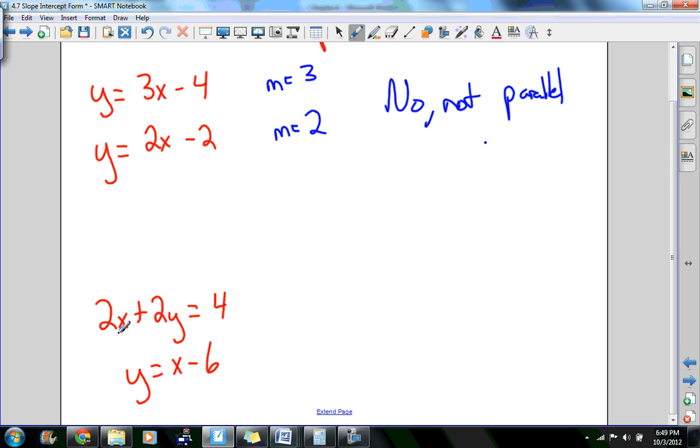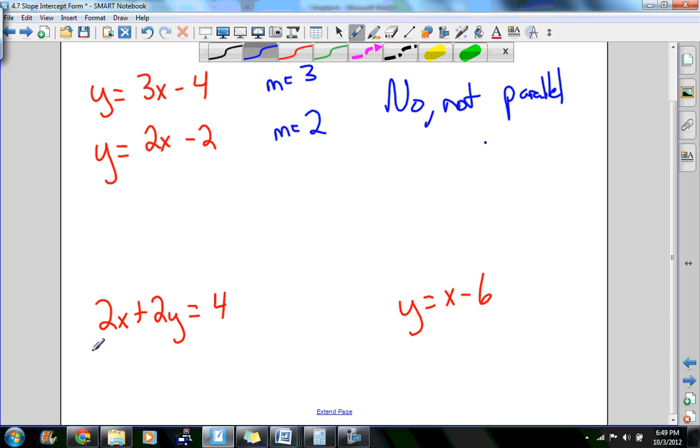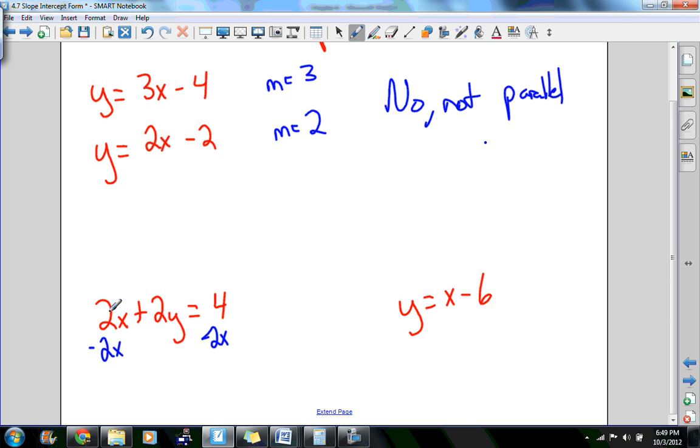Okay, for this one down here, we obviously have to turn this into function form first. This one we don't, but I would like you to try that on your own. I'm going to move this one over. So here I'm going to subtract 2x from both sides because I'm trying to get y by itself. So I get 2y equals negative 2x plus 4.